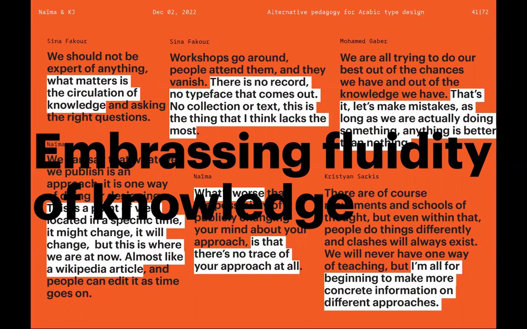Even in one designer's journey, you can change your mind, you can change approaches, and for someone who is learning, it can be very interesting to learn about these different phases or steps in one's career or journey with Arabic type.